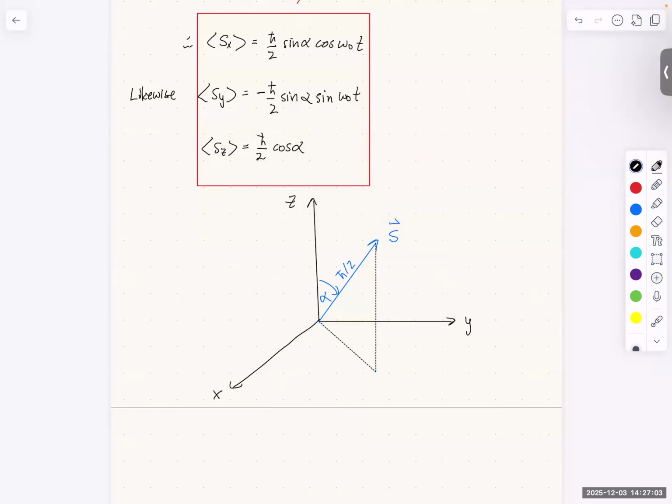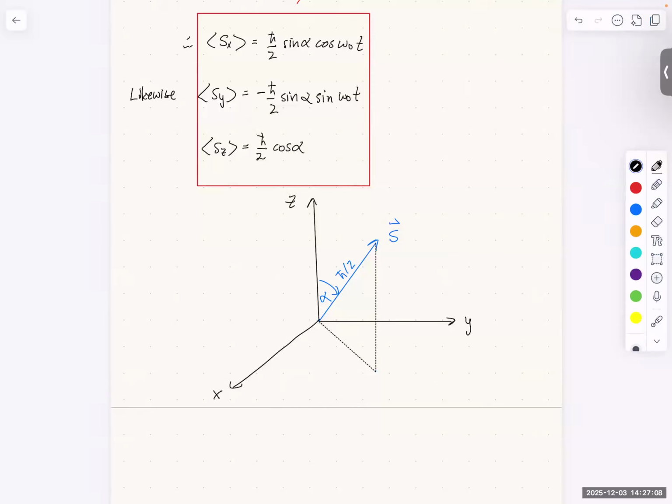So this is Y. Okay. So this is the side that is, let's see, opposite of alpha. So that should be sine alpha down here. So what we should have here is h bar by 2, the length of our vector, times sine alpha.